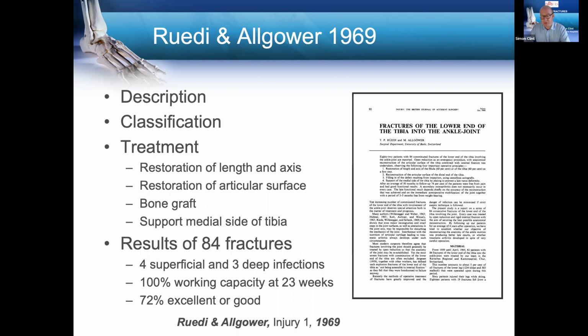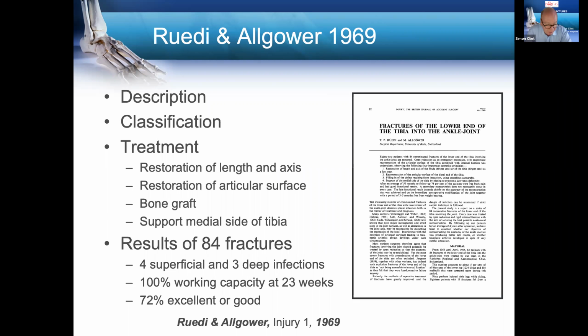They were strong advocates of bone grafting just behind the articular surface, and then they tended to plate using fairly primitive AO techniques, because this was early on in the days of AO, plating the medial side of the tibia, predominantly to prevent later varus collapse and to support against the fibula.